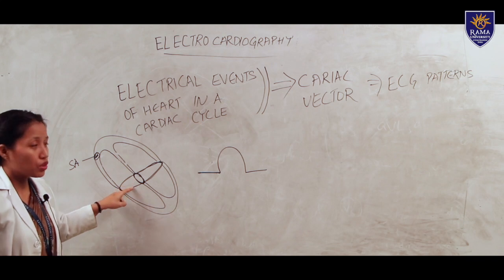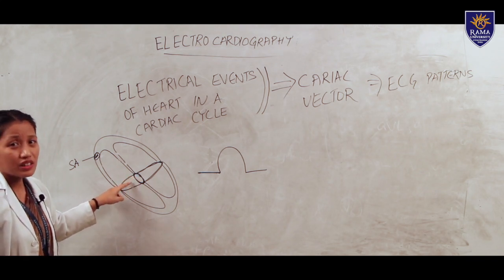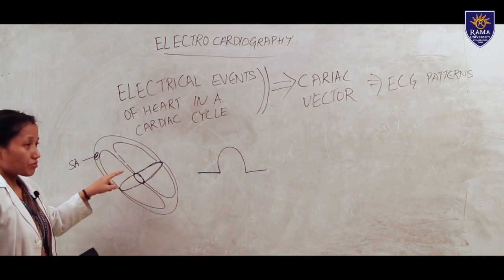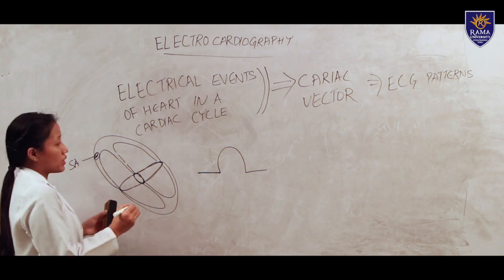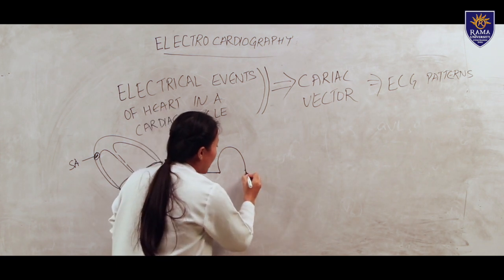Here in the AV node, it is a very slow conduction. Because of that, the electrical activity of the heart is silent here, and due to that an isoelectric line will be produced after the P wave.